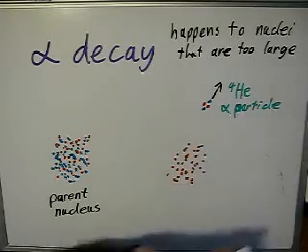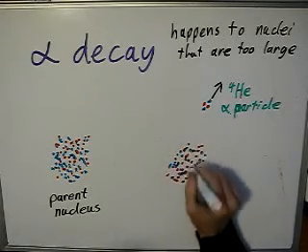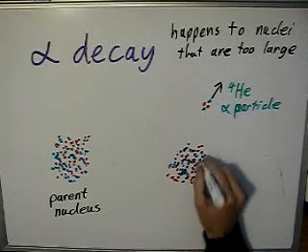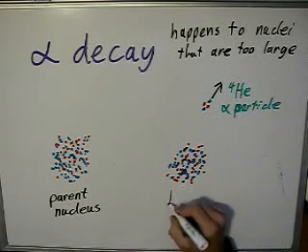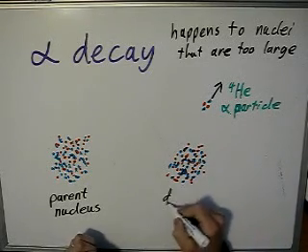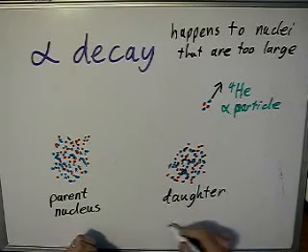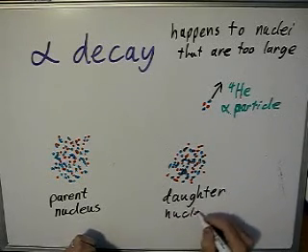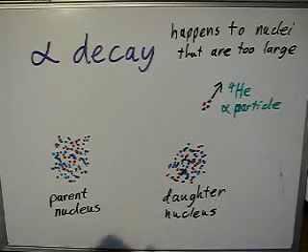They stay together in a nucleus, and this one is what we call the daughter nucleus.